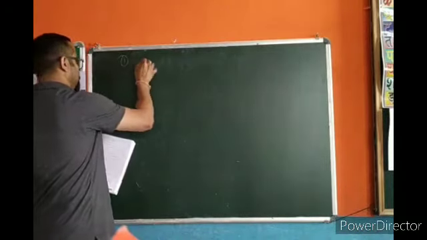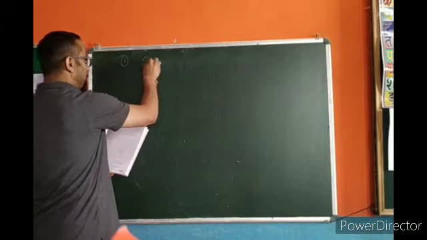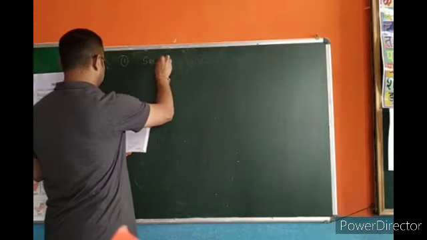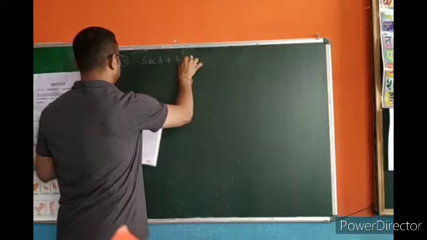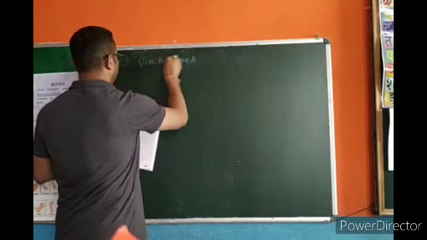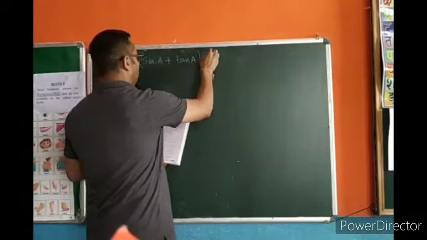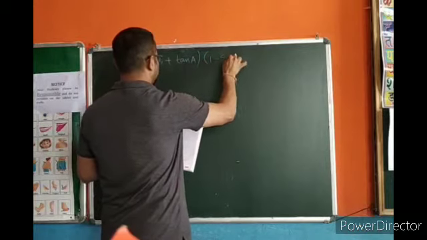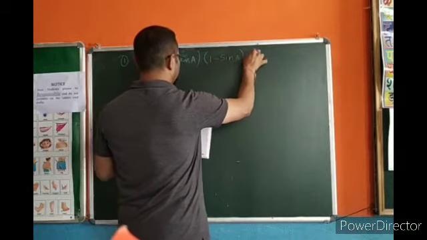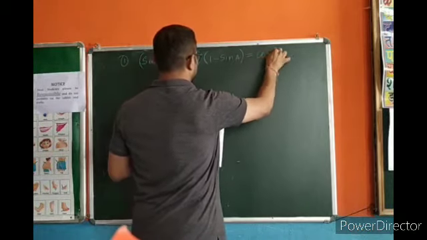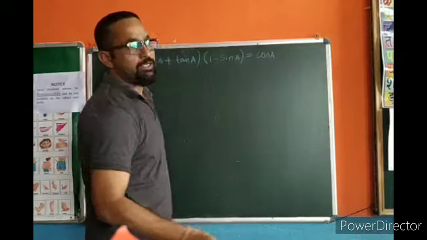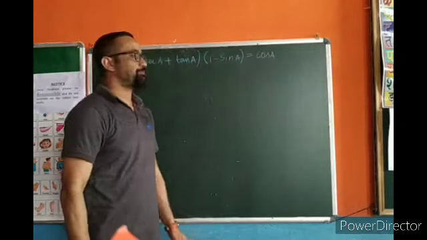First one is prove that (sec A + tan A)(1 − sin A) is equal to cos A. A is an acute angle.